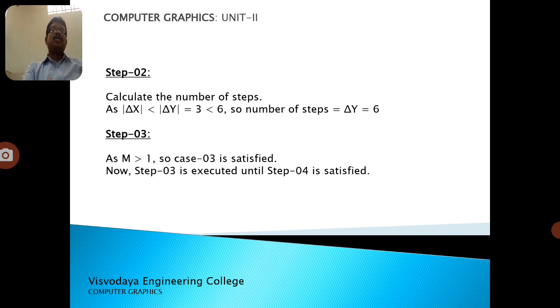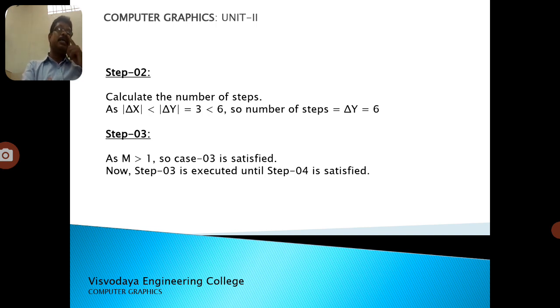Before that, to find the number of steps between the starting and ending coordinates, we compare the absolute delta x and delta y. What is the delta x value? 3. Delta y value is 6. So the greater value is delta y.